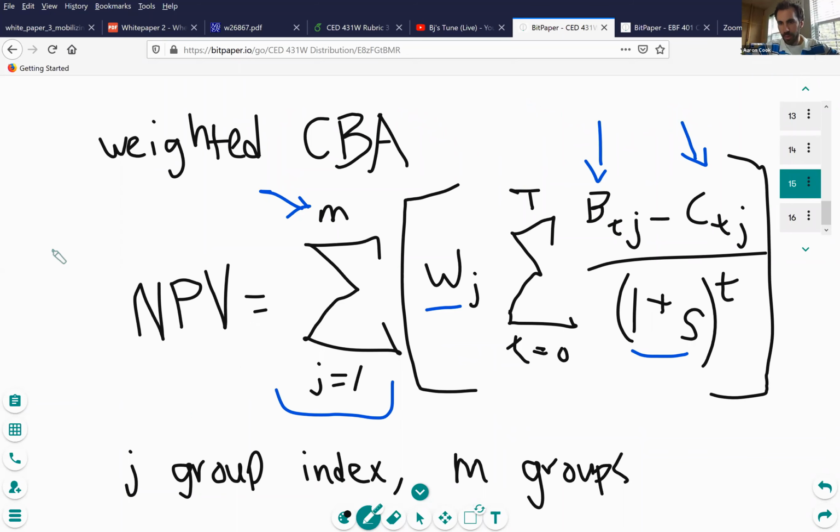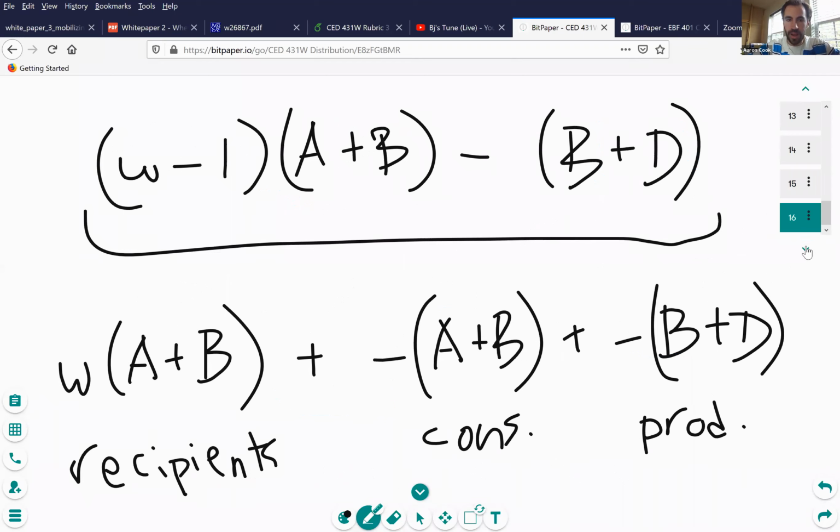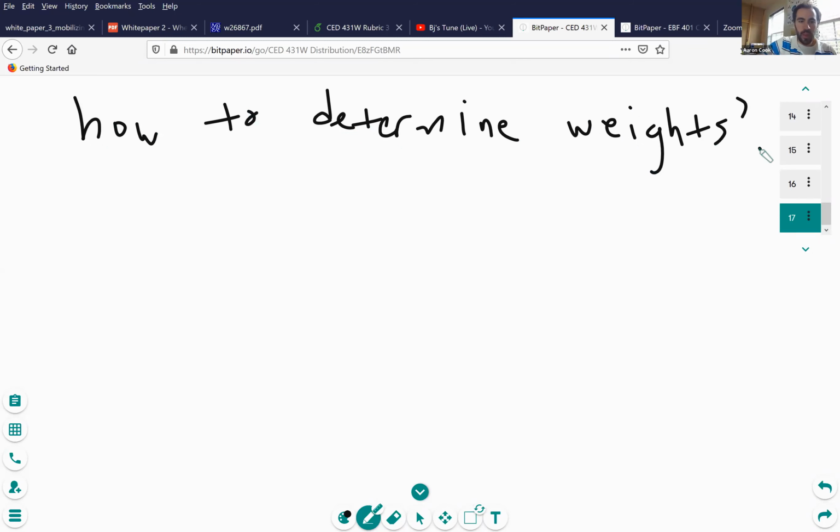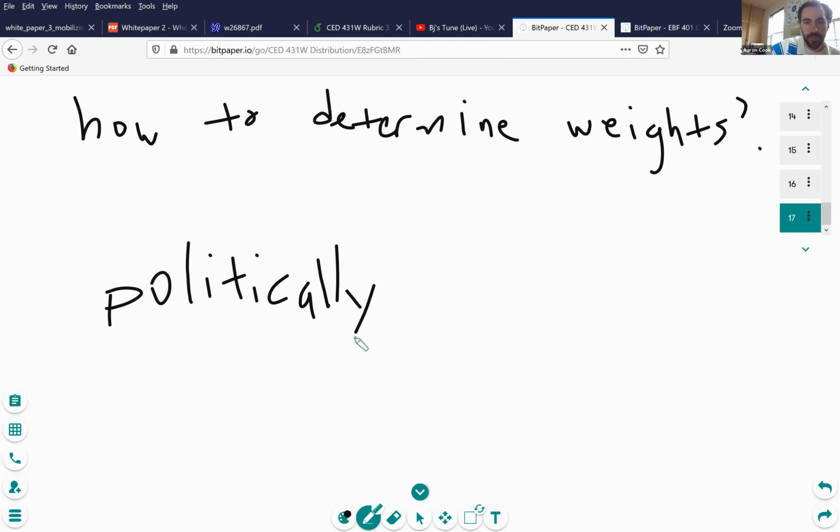Okay, so that's conceptually what's going on when we're doing weighted cost benefit analysis. The one more thing I want to try to tackle in this part, again, we're dealing with the question of how to determine the weights. And one way of doing this is to think about politically determined weights.